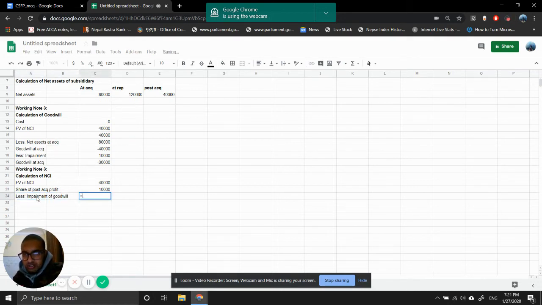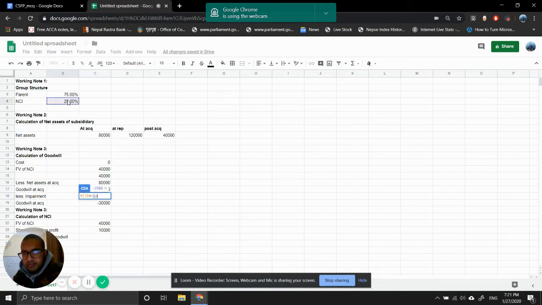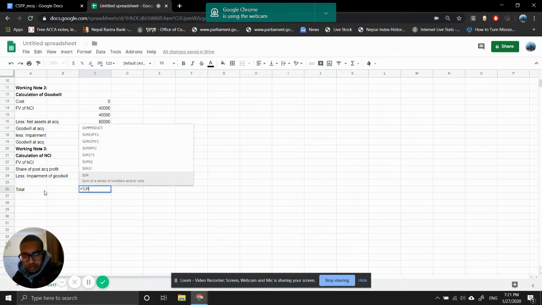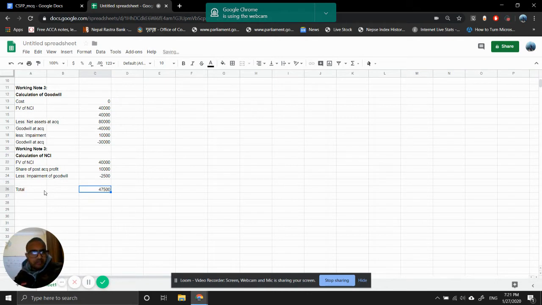So how much is it? This impairment figure into this figure, right? So our total NCI would be the sum of everything, right? 7,500. Okay, so this is our figure.